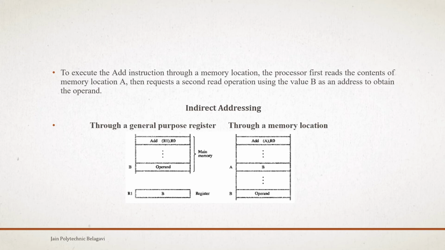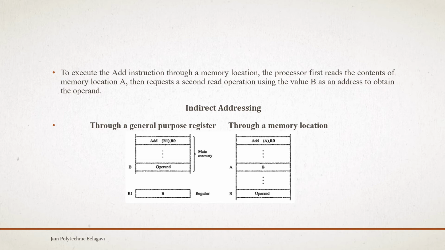So let us take an example of indirect addressing. To execute an add instruction, there are two ways: first through a general purpose register and second through a memory location.